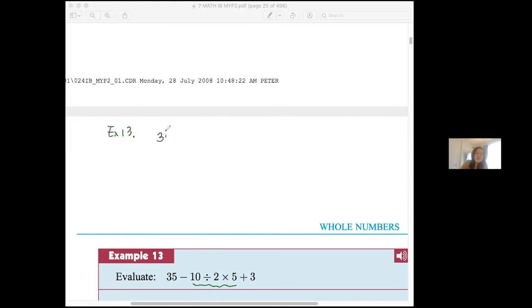It's going to be 35 minus 10 divided by 2, which is 5, times 5. Then we do the multiplication, which is 25. Now we only have addition and subtraction, and we do it from left to right. So this is a 10 and then plus a 3, which is 13.